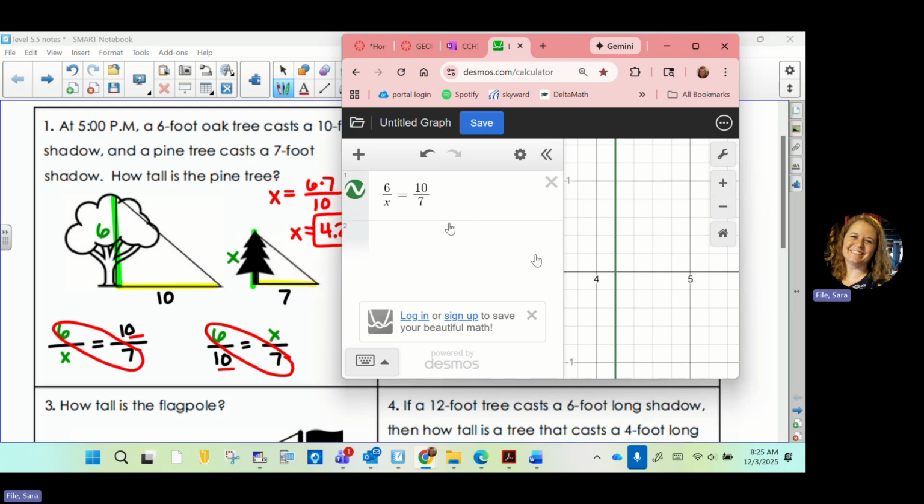And I did want to point this out and reiterate, because on yesterday's notes, I'm actually going to pull them up really fast here. Here they are.